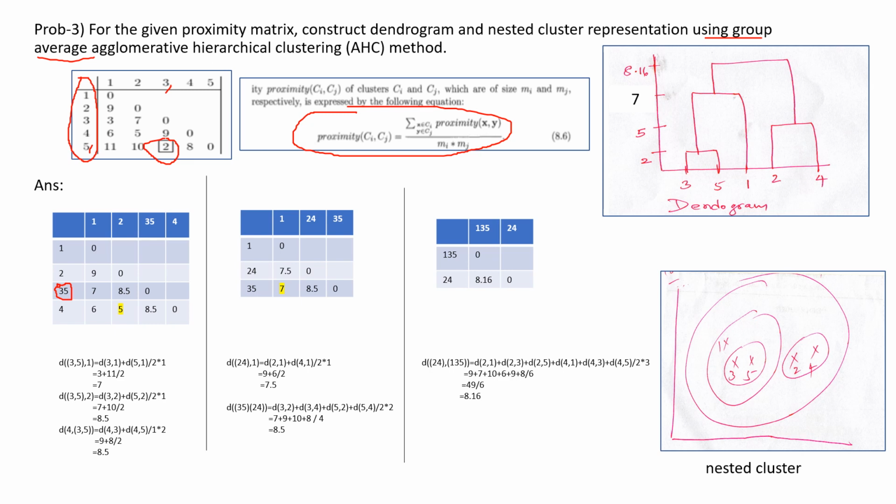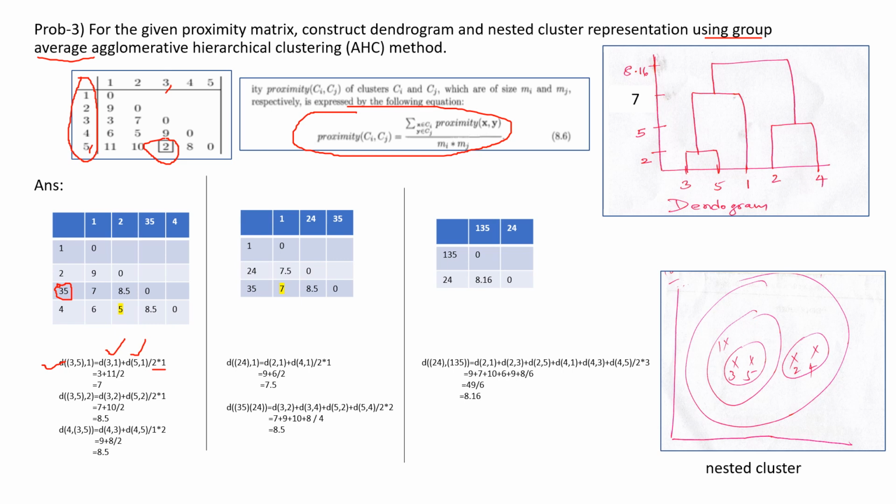How do you find the distance from 3, 5 to 1? That is written here. It is the distance of 3 to 1 plus 5 to 1, divided by the number of points. 2 star 1 is given; don't get confused. You know how to calculate an average, right?